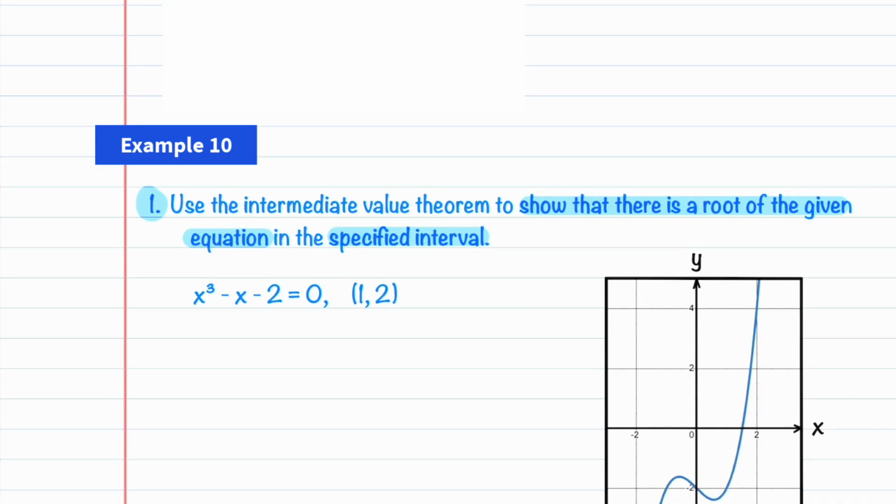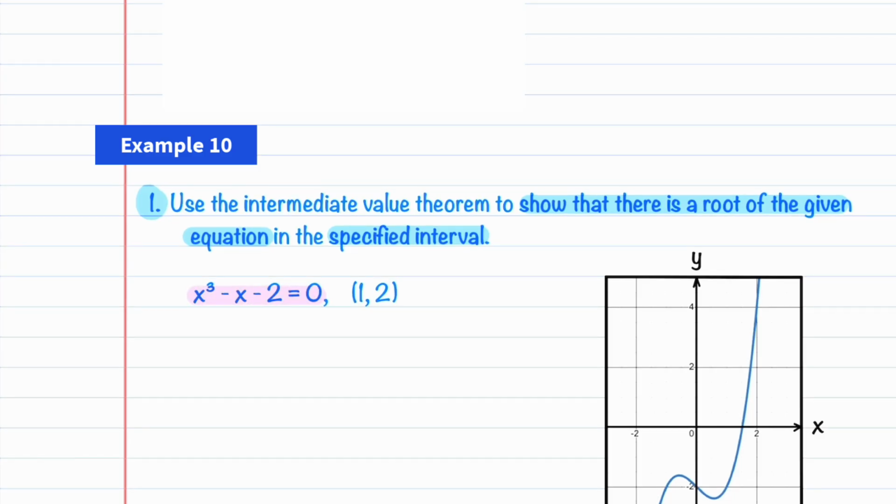Let's talk at first about what a root is. A root of this equation is just a point x where x cubed minus x minus 2 is equal to 0. So basically, when we solve this equation, we are just finding the roots.